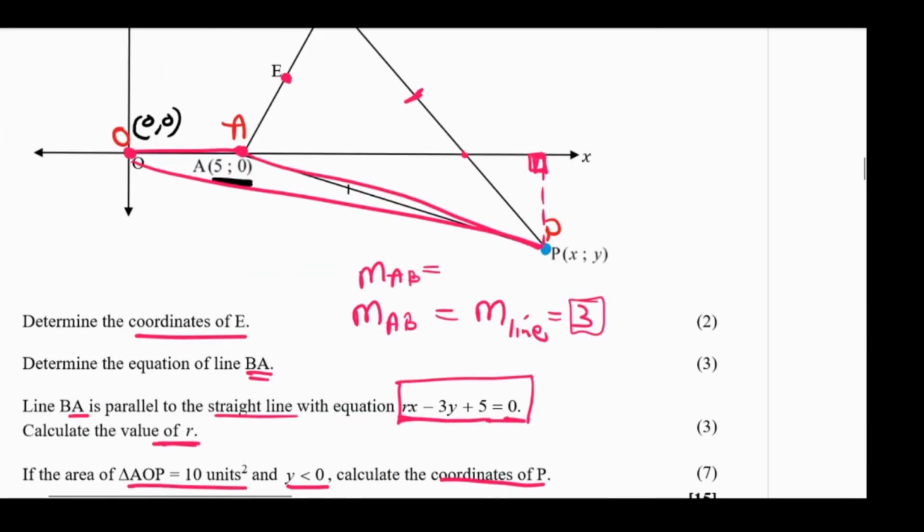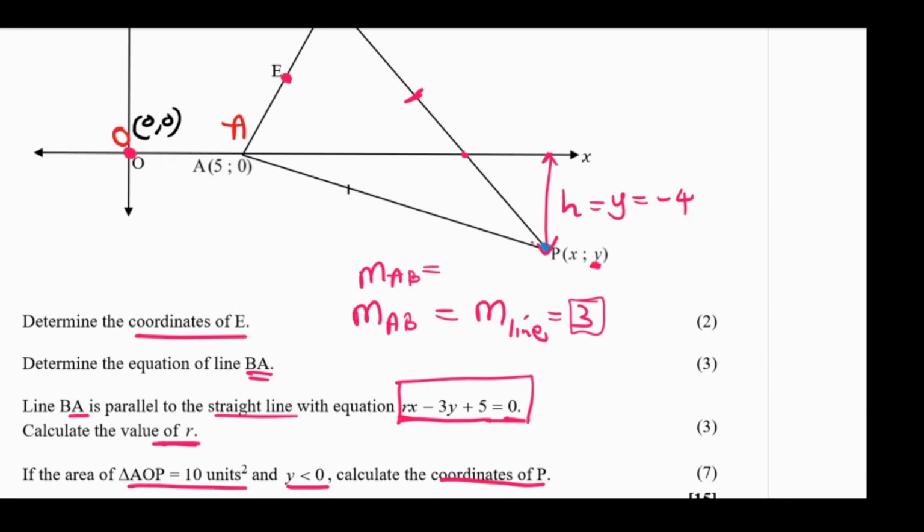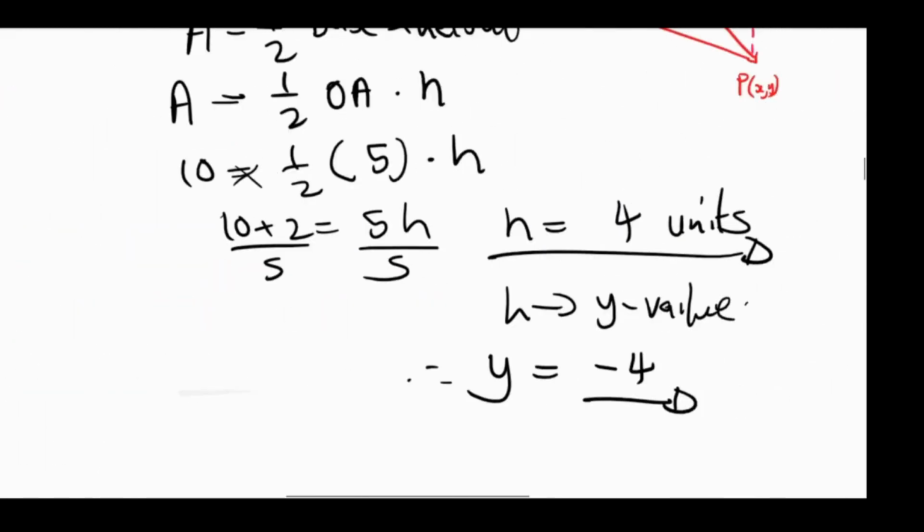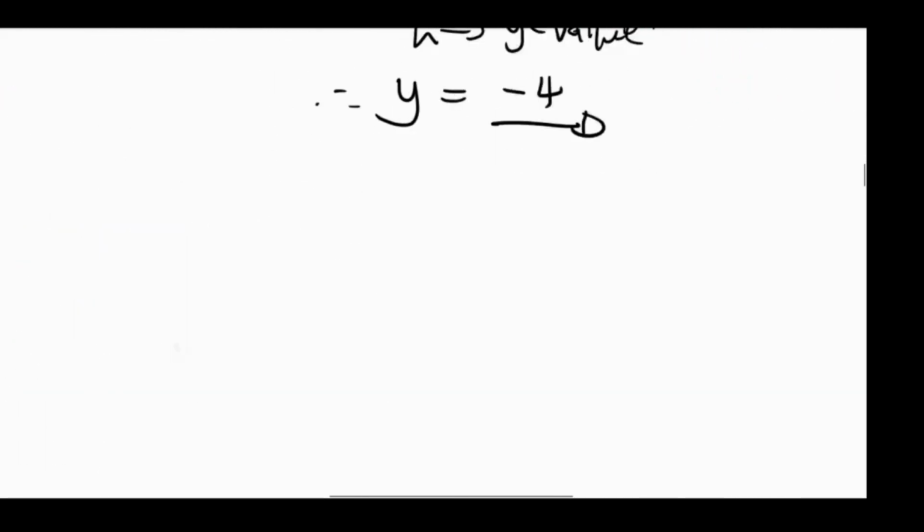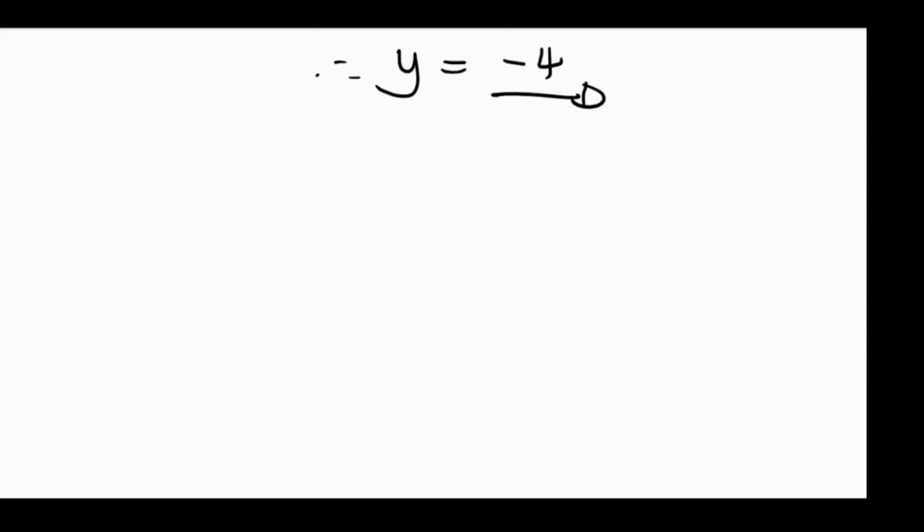If you take a look at your diagram, what we just found here is the y value of P, this y value here, which means from this point up until that point, since it's our perpendicular height, it's actually our y value, which is equal to -4, since from this point going downwards it's -y. Okay, fine. So now we have our y value being equal to -4, right?